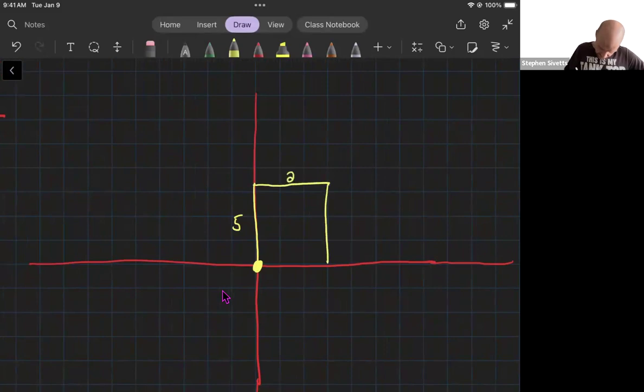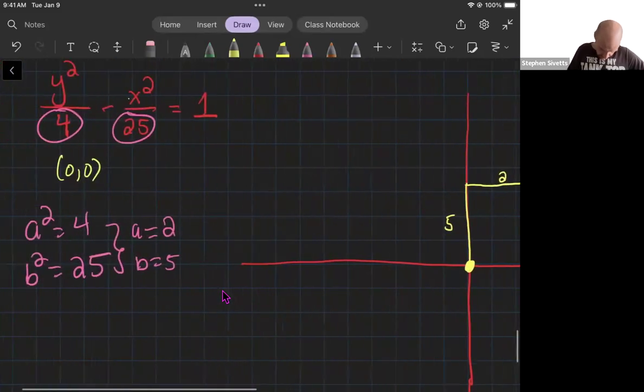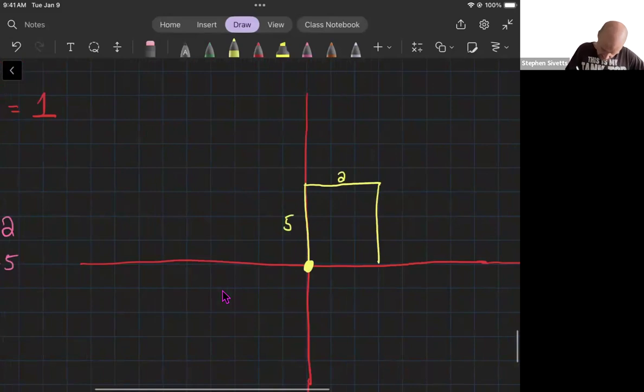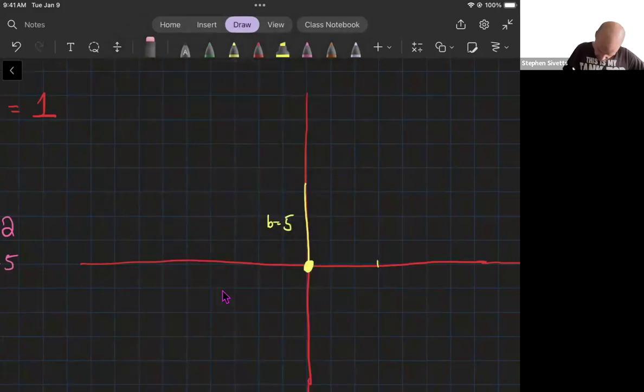So this is when a is 2. Here's a, and then b is here. And so we want to draw in 2 units. 2, 3, 4, 5 here, then 1, 2, and then 1, 2 here.